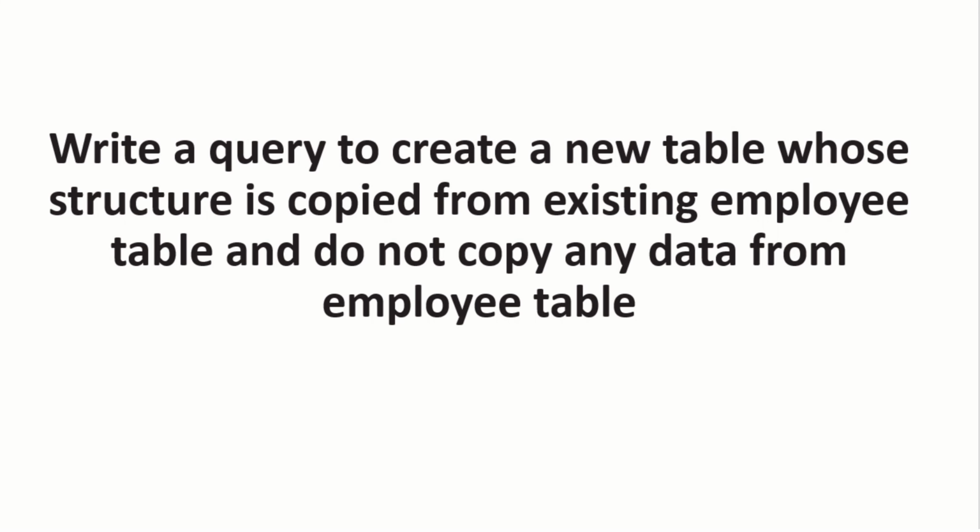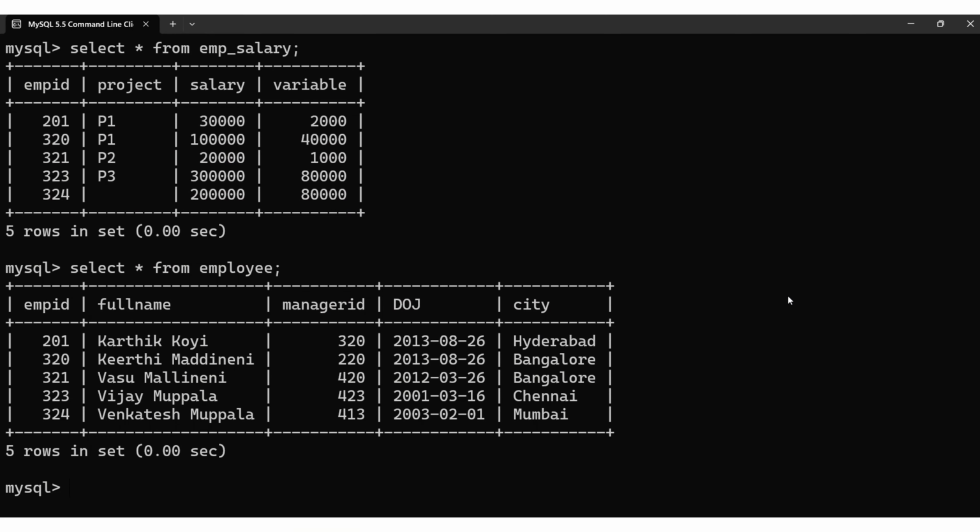So the next question is write a query to create a new table whose structure is copied from existing employee table and do not copy any data from employee table. So I'm going to create another new table employee 3 from employee table, but only structure this time I'm going to copy.